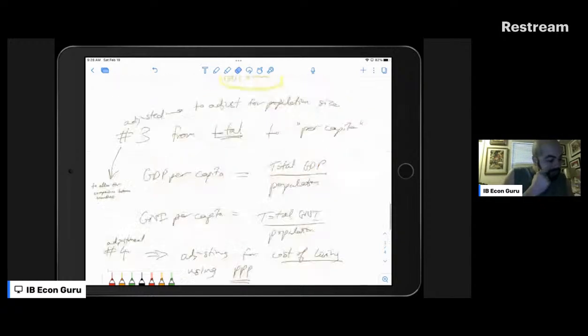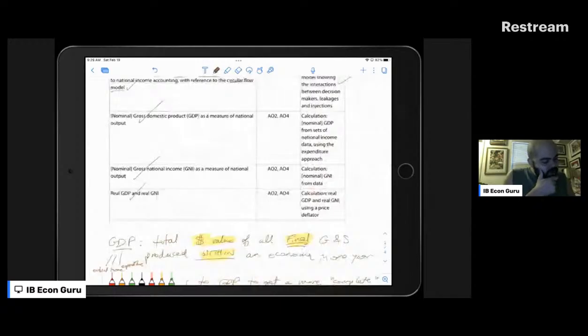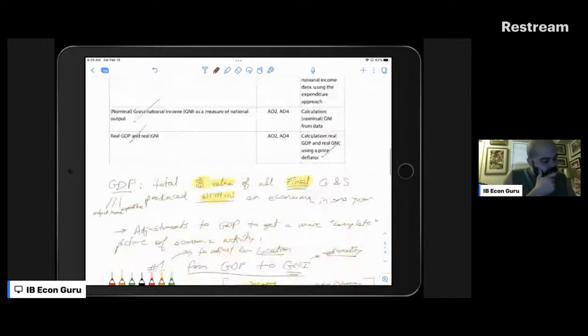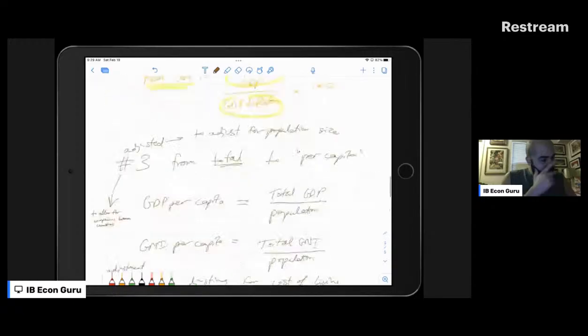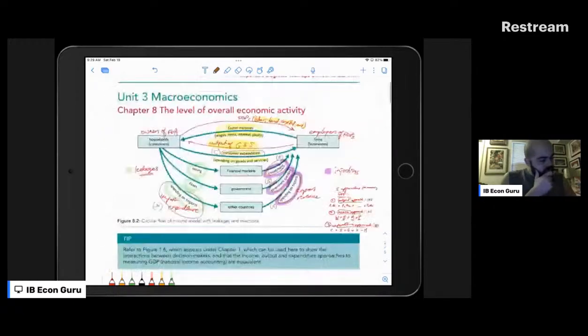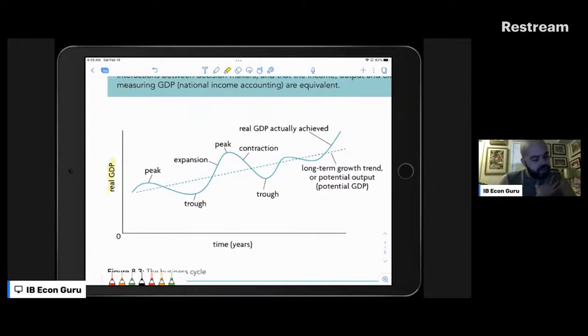All right. So now we've talked about real GDP and real GNI. We've talked about per capita and purchasing power parity. That leaves us with the business cycle, which is the other diagram here in this unit. So the business cycle tracks output, like real GDP, so it's already adjusted for inflation over time.